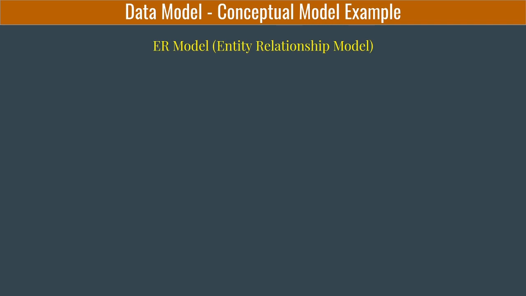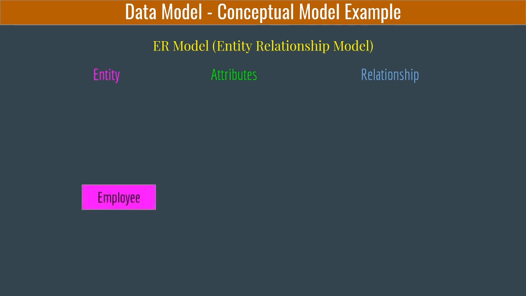So this model will be explained with the help of three terms, and those three terms are entity, relationship and attributes. So what is meant by entity, what is meant by attribute, and what is meant by relationship. Okay, so this model is called the ER model. So let's explain this with the help of an example. To get a brief understanding about the model, we will explain one example.